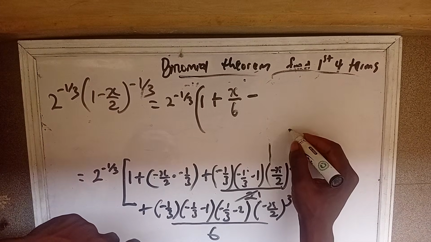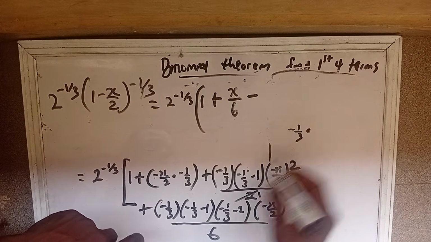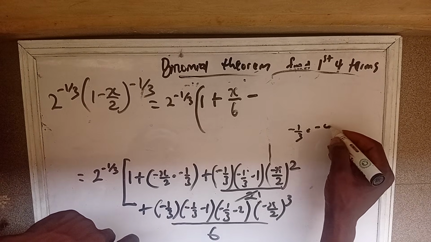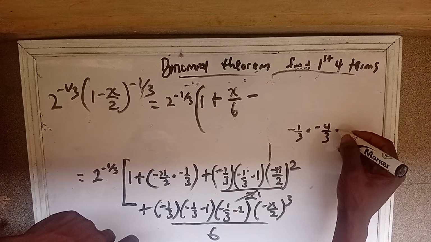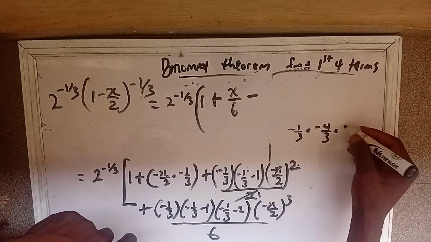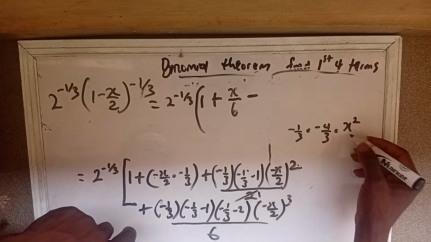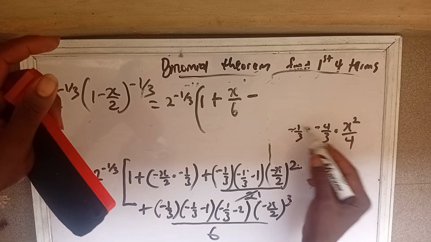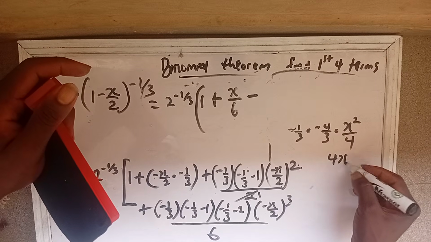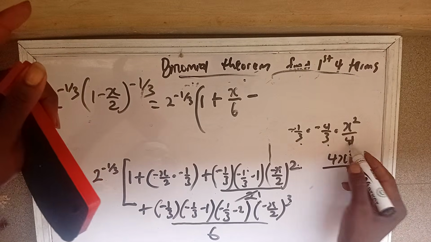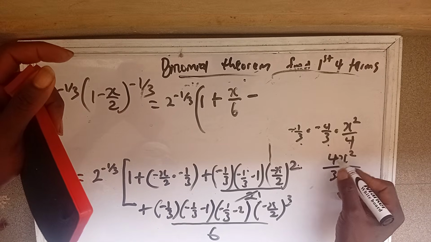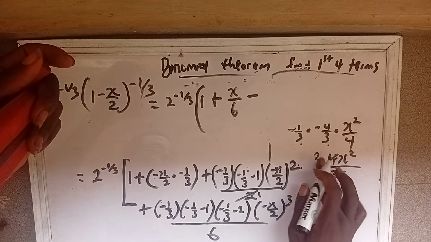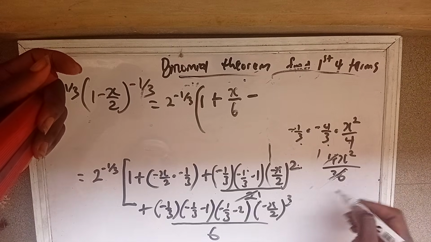This is minus 1 over 3 times minus 1 over 3 minus 1. That gives us minus 4 over 3 times minus x squared, that gives us x squared, right? 2 squared, that gives us 4. So minus times minus, plus. So 1 times 4 times x squared, we have 4x squared. 3 times 3, 9 times 4, 36. 2 here, 2 in 36. 4 here, 1, right? 4 in 36, 9.